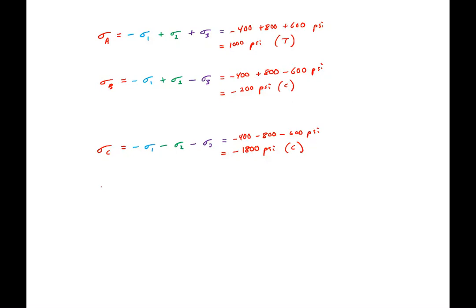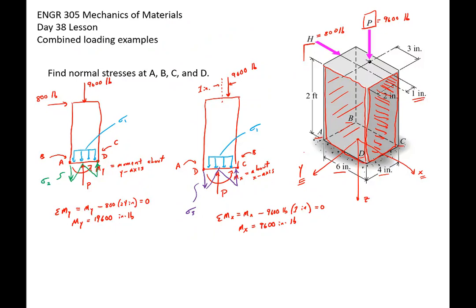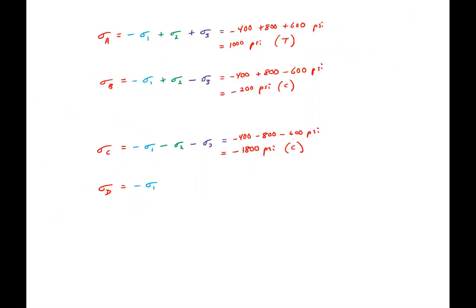And the last one then is sigma D. Sigma D also has compressive sigma 1. We'll take a look at sigma 2. D is over here on the compressive side of sigma 2. So that's going to be a compressive sigma 2. And then take a look at what sigma 3 gives us.